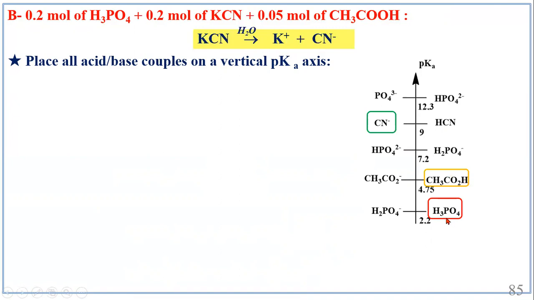Now, notice H3PO4 is what I have, yet on my pKa scale, I also include all the other degradation species for the triacid. So H3PO4 becomes H2PO4-, and then the H2PO4- becomes HPO4 2-, and HPO4 2- becomes PO4 3-.